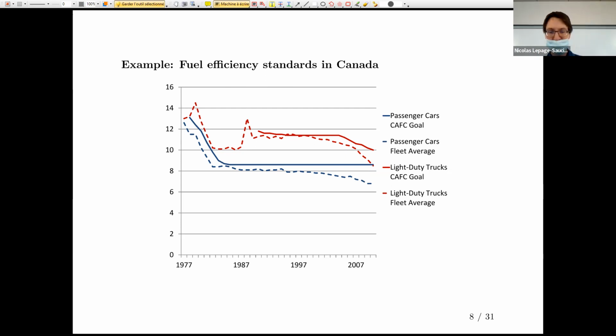Okay, that's a good question. It's about something that has to do with emissions, of course, but I have to check that again. Yeah, so of course the dashed line is on average.